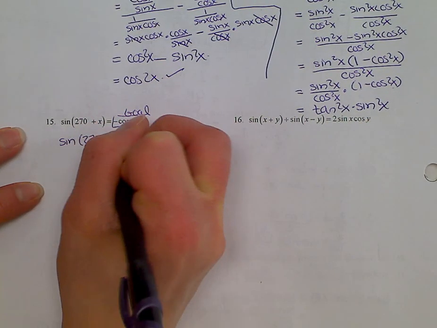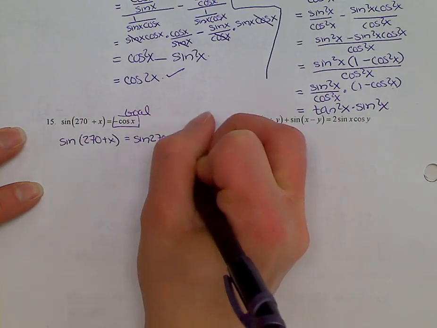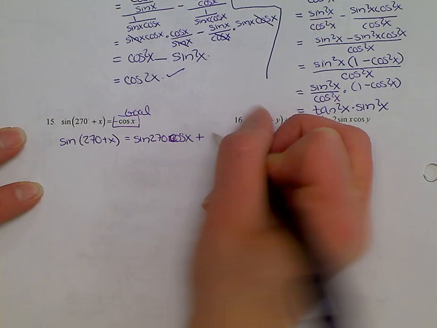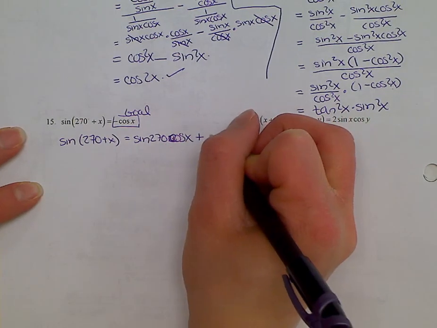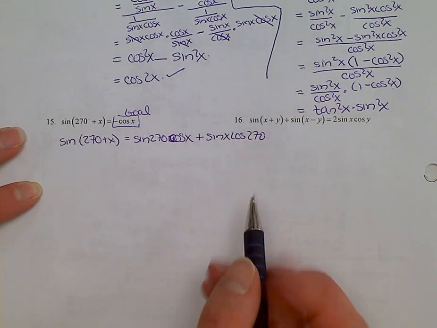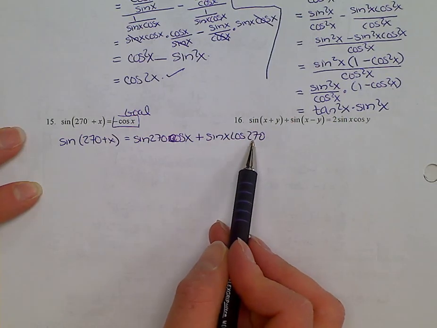So using my sum identity for the sine, it's going to be the sine of 270 times the cosine of x plus the sine of x times the cosine of 270. Now some of you might write it as the cosine of 270 times the sine of x. Fine. It doesn't make a difference.